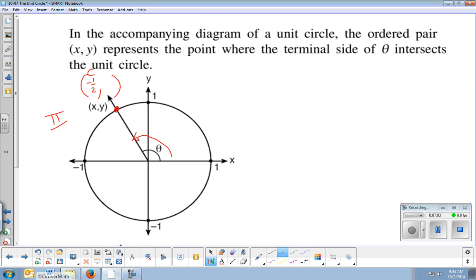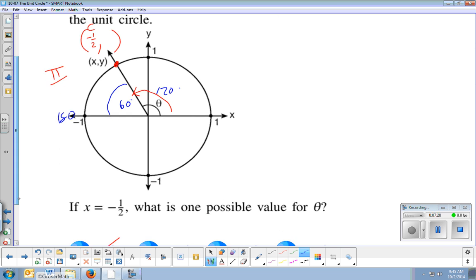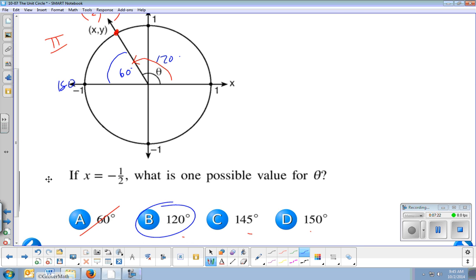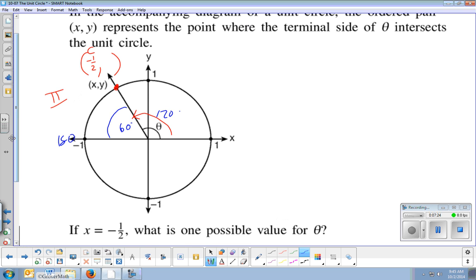But we're in quadrant 2, so what we're really talking about is 60 away from 180. 60 short of 180 is 120. And so that is the answer here, 120. The reference angle is 60 degrees in quadrant 2. And we knew it was 60 degrees because that's when x and cosine have the half value.